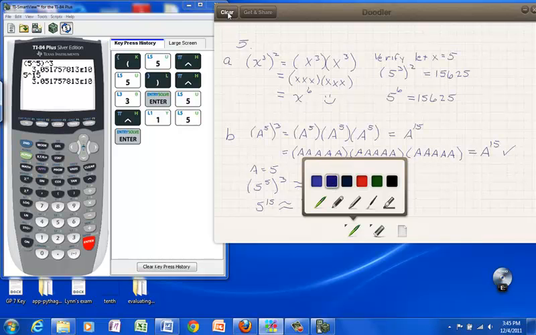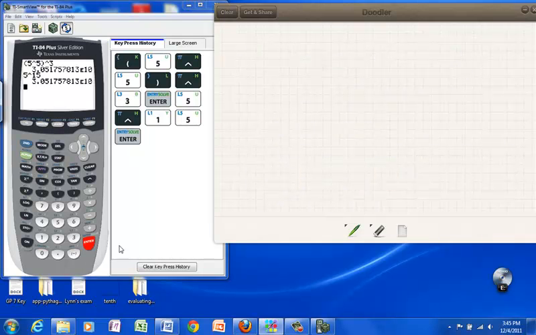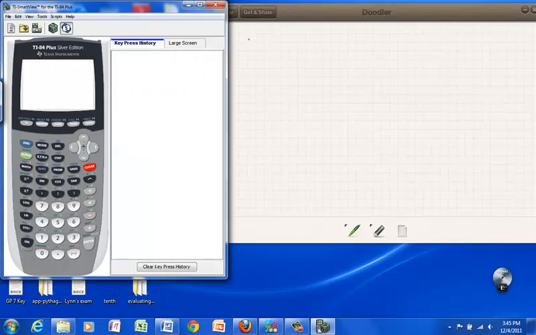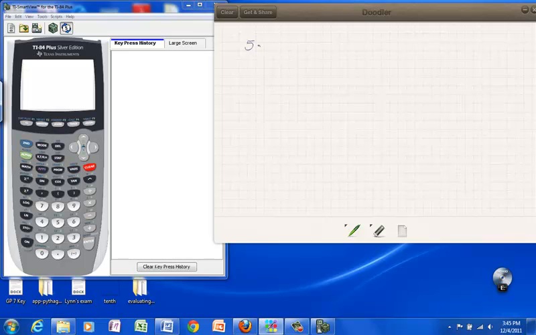All right, let's go on to 5C. 5c is p squared, and then that raised to the 4th power.